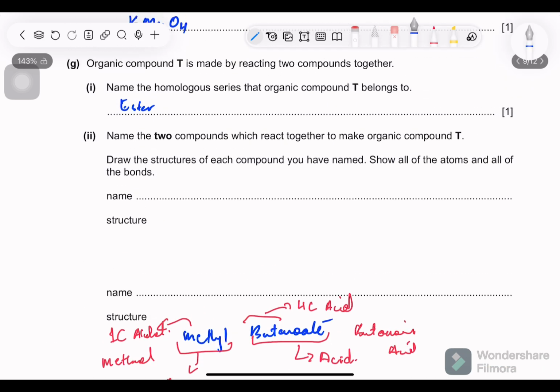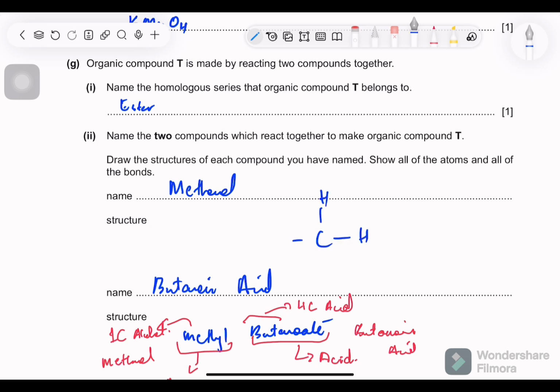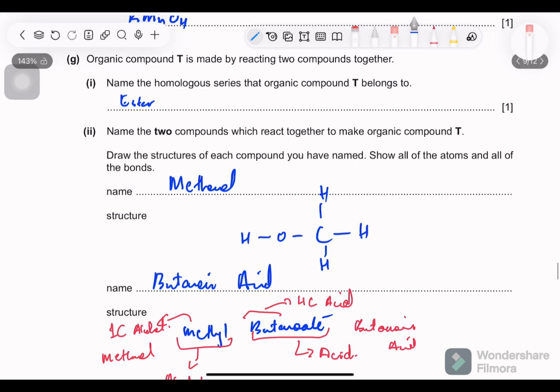The two compounds are methanol and butanoic acid. Methanol is just one carbon and an OH should be present, or we have to show all of the atoms and all of the bonds, so OH.